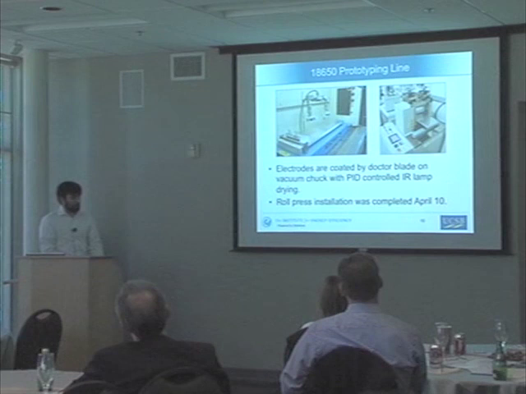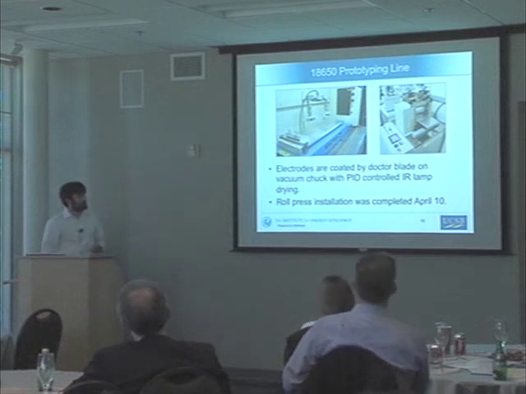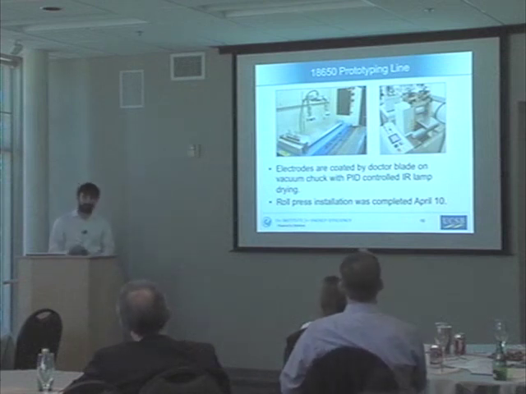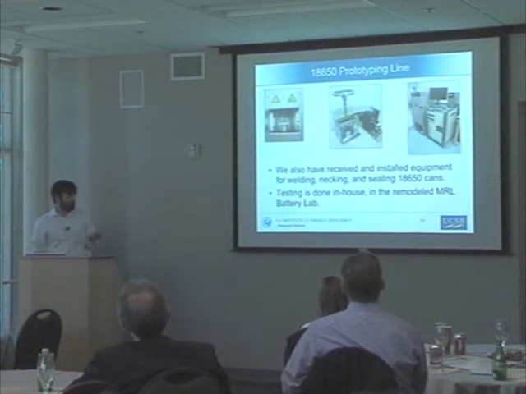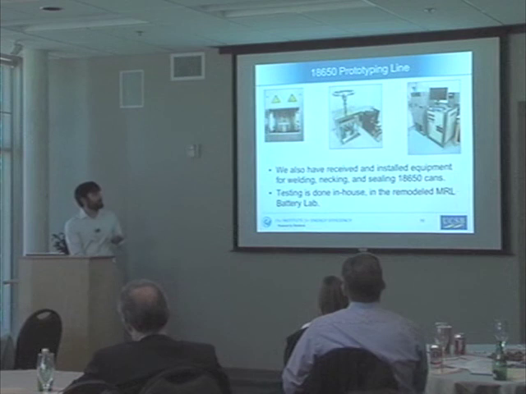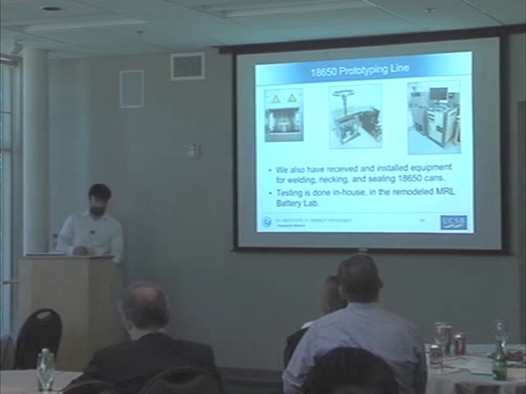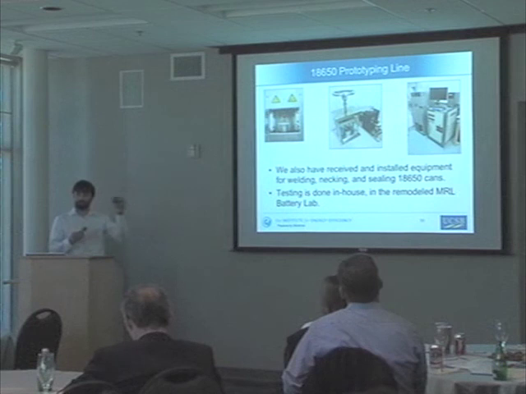We now have a roll press to give very high uniformity and quality. We also have a winding machine and a sealing machine to seal our chemistry and electrodes into these 18650 canisters, which again are about the same size as popular commercial supercapacitor devices.